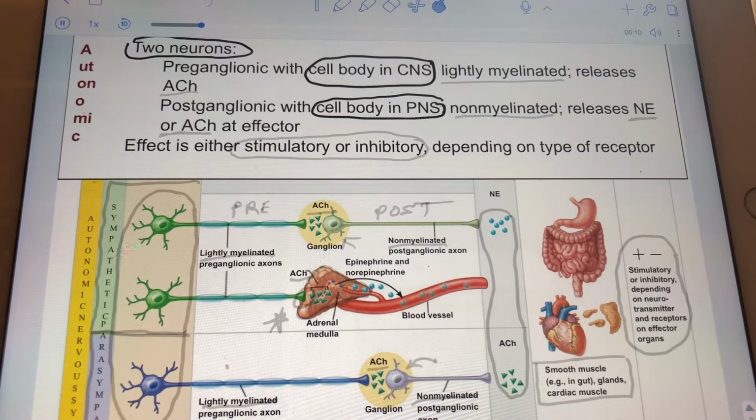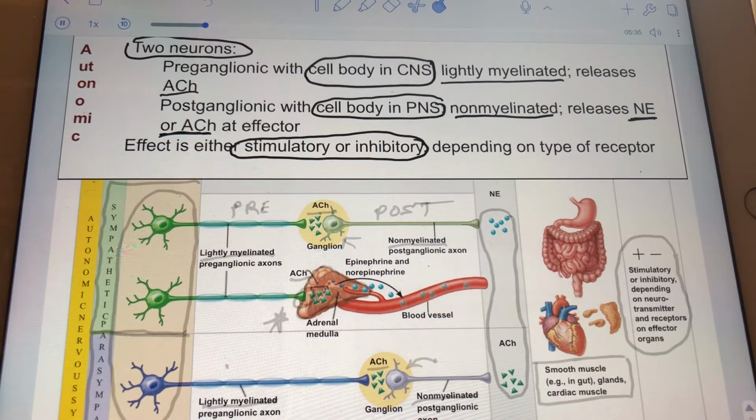That preganglionic neuron is lightly myelinated, and it releases acetylcholine. The postganglionic neuron is not myelinated, and it releases either norepinephrine or acetylcholine, specifically on an effector. And the effect may be stimulatory, may be inhibitory.